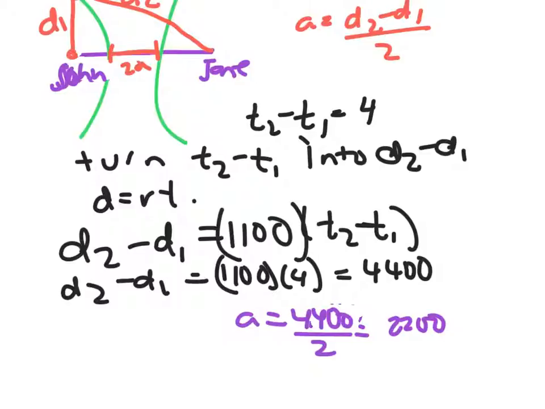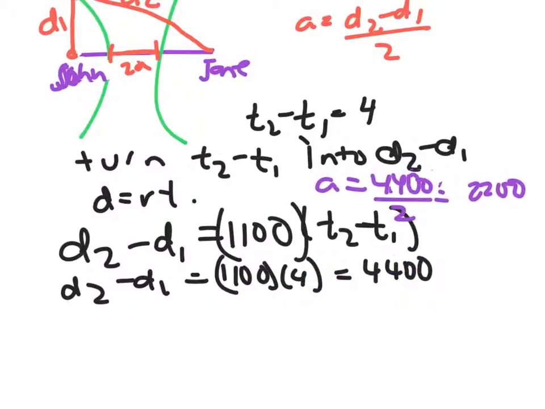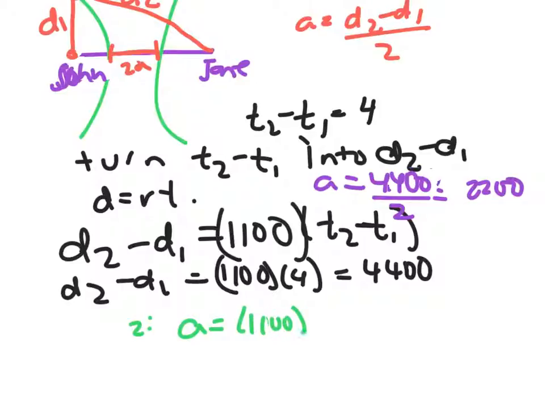So your second step in general, let's do this in green. Just like I did on the other screen, to get your A, you're doing your 1,100 times the time that I give you, divided by 2.